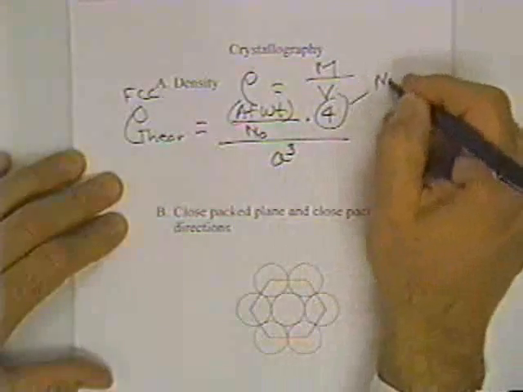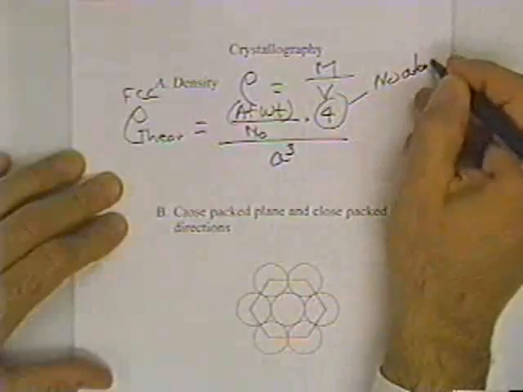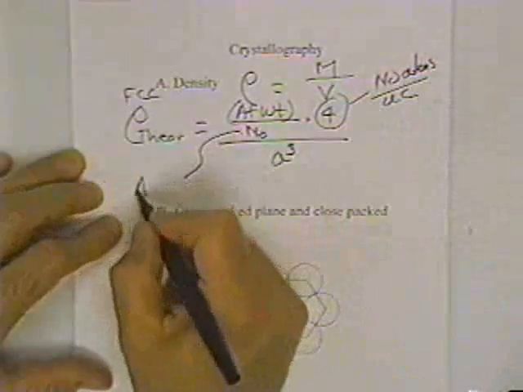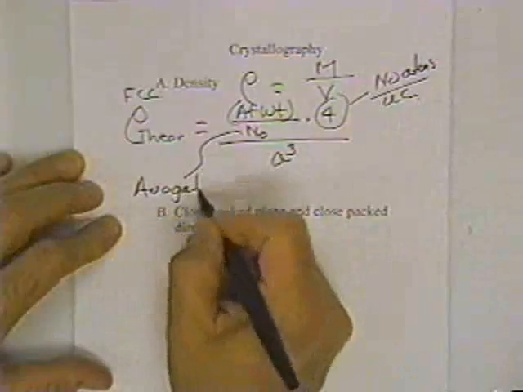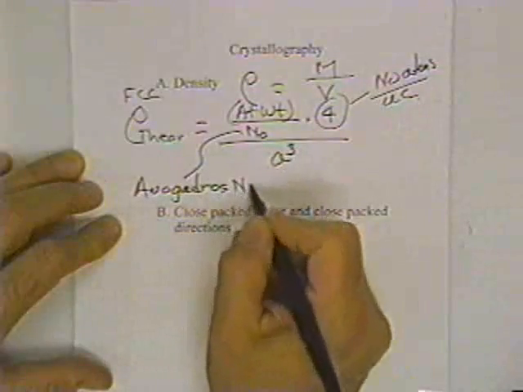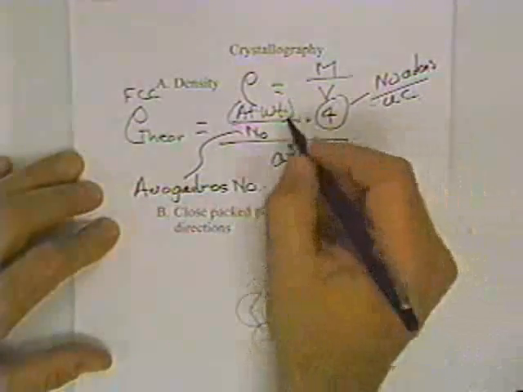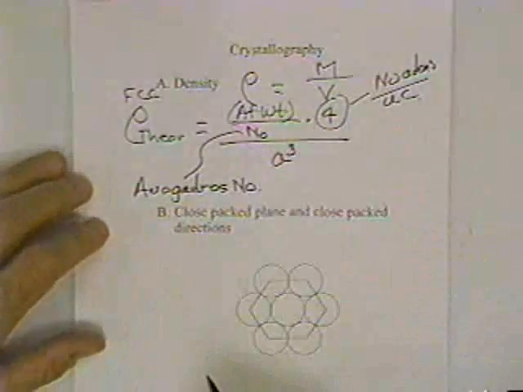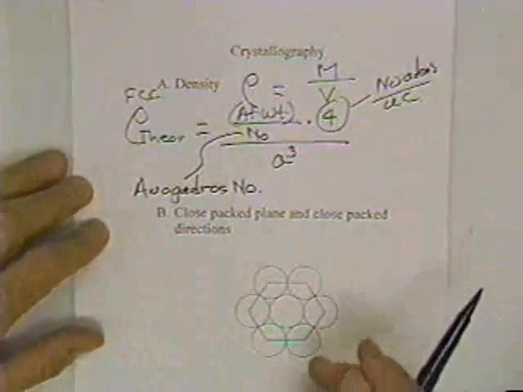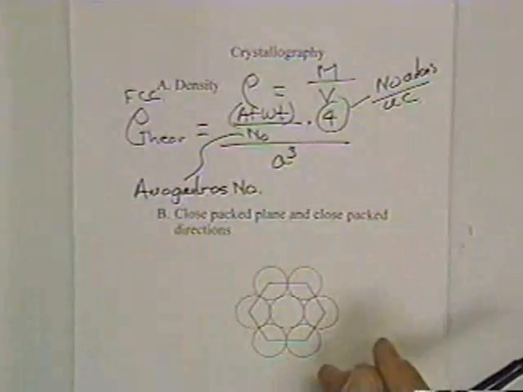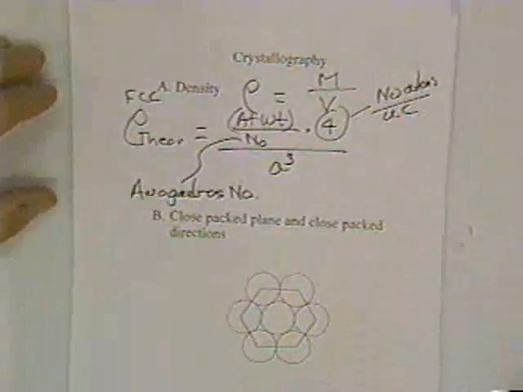So 4 is the number of atoms per unit cell. N0 is Avogadro's number, and this is the atomic weight of the material that you were interested in. You might try that for nickel and then compare it to the value that you get by looking it up in the handbook.